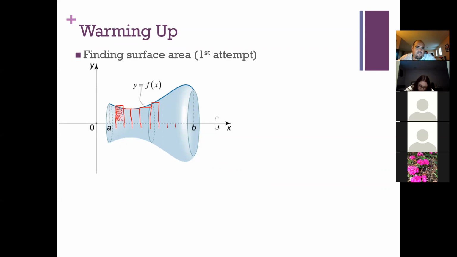So basically what I want to find is a surface area. So if I were to take one of these, and really I'm going to delete the shading, because I don't really care about all the shaded area.